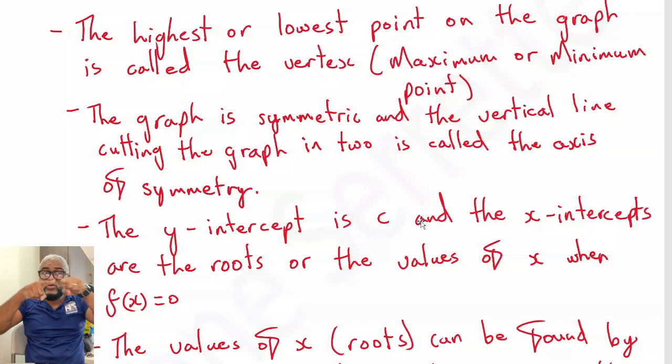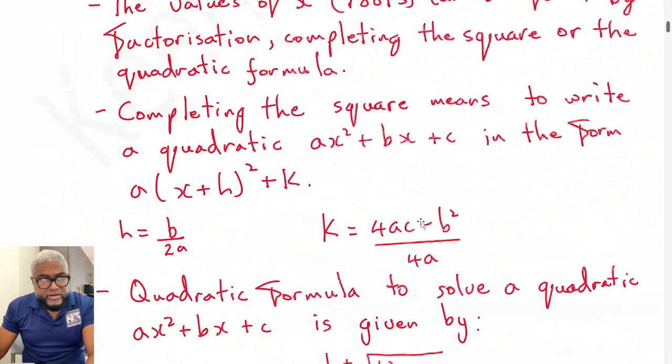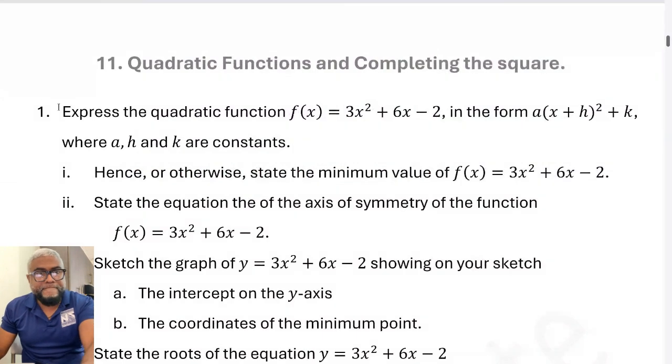So if your curve is like a U or like an N, how many points do you think the curve will be cutting the x-axis? I'm going to give you all a visual.